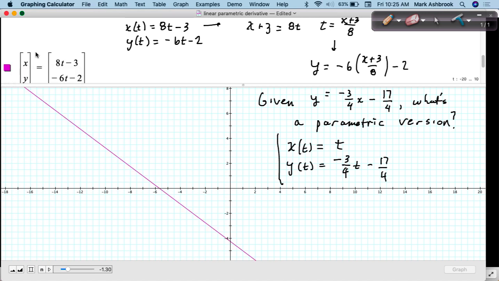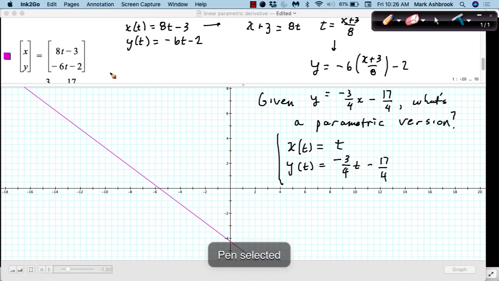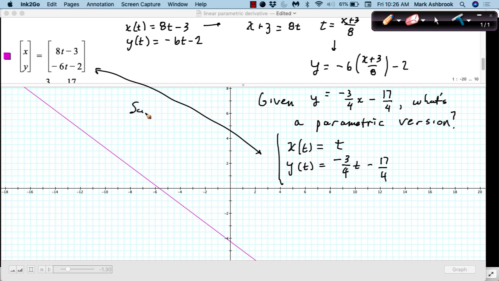Okay, so now my next question for you is, this parametric, this thing that we started with, and this thing, are they the same function? Yes or no?